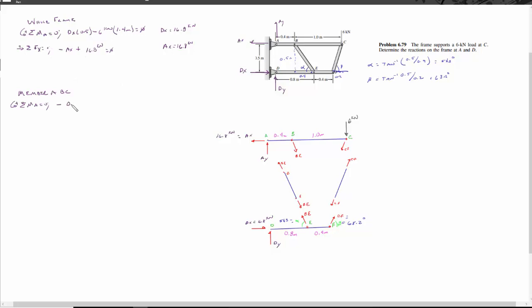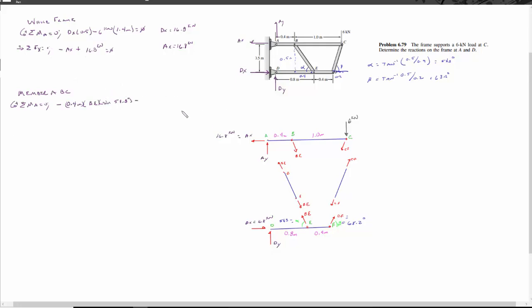We'll put the distance first, times the force, which is BE, and that's going to be the sine of 51.3 degrees.